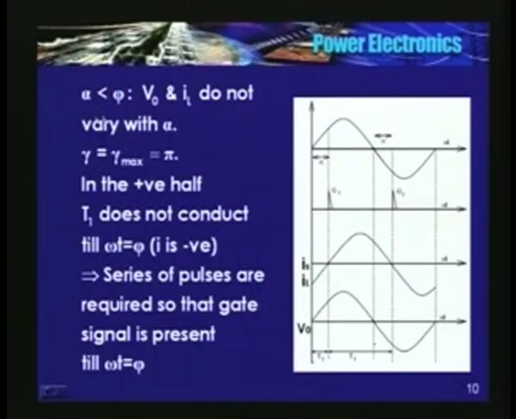Now what happens if alpha is less than phi? If alpha is less than phi, V naught and IL do not vary with alpha. In the positive half, you might have triggered T1 at alpha, and alpha is less than the power factor angle.